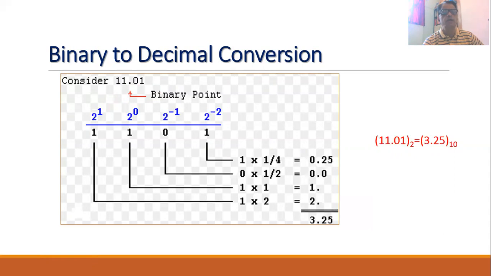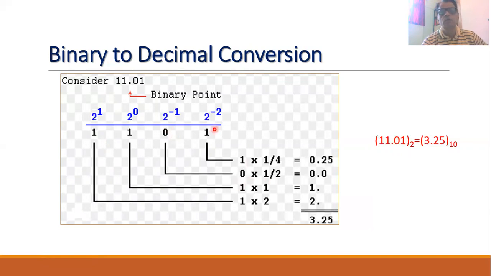Then we take the product of the binary bit and its weight. So 1 into 2 to the power 1 is 2. Then 1 into 2 to the power 0 is 1, because 2 to the power 0 is 1. Then 0 into 2 to the power -1. 2 to the power -1 is 1 upon 2, and 1 upon 2 into 0 is always equal to 0.